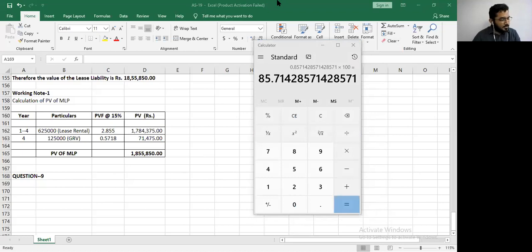Look at the solution. The lease will be classified as a finance lease since the substantial portion of the life of the asset is covered by the lease term. That should not be substantial portion, that should be major part. So just make that slight change in the solution.